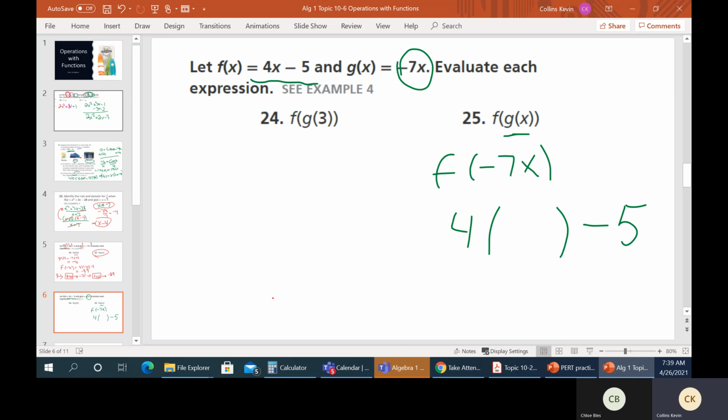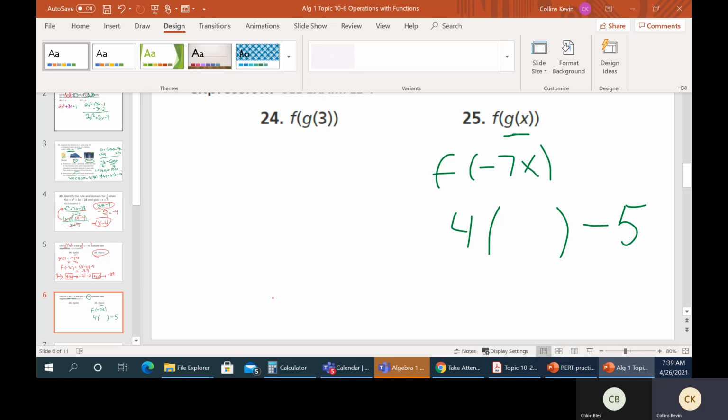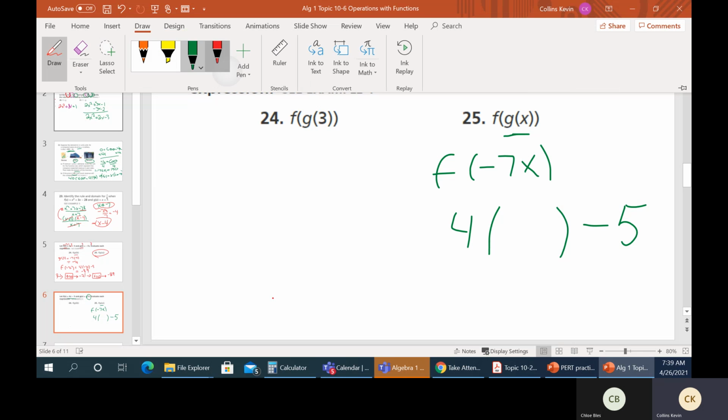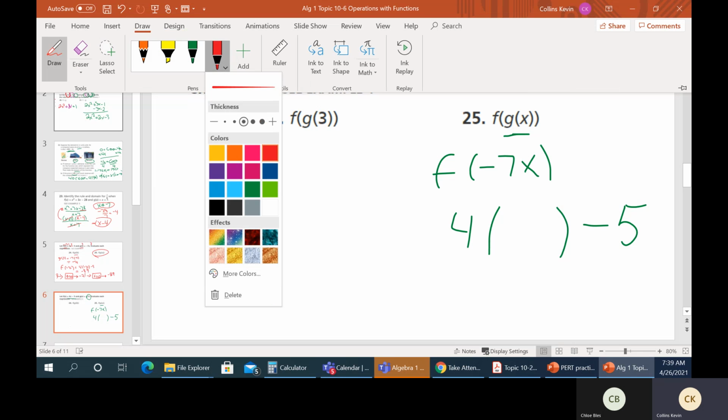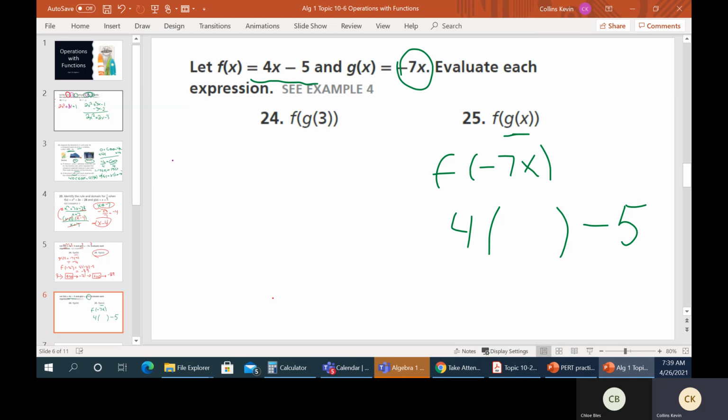Now before we just plugged in a number, this time we're going to plug in an entire function, which in this case isn't too bad. So we say, okay, instead of calling this x, we're going to call it minus 7x. So our final answer is not going to be just a regular number. With these, you'll get a number. With these, you will not. Okay? So then to finish this up, all we have to do is a little distribution here, right?